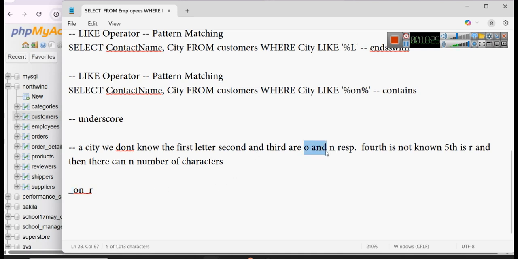The fourth is not known, so we are again saying one. And the fifth is R. Then there can be n number of characters, so we'll write percentage. Do you get this pattern?